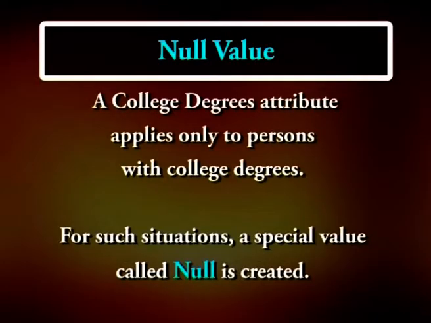Similarly, a college degrees attribute applies only to persons with college degrees. For such situations, a special value called null is created. An address of a single family home would have null for its apartment number attribute, and a person with no college degree would have null for college degrees attribute.